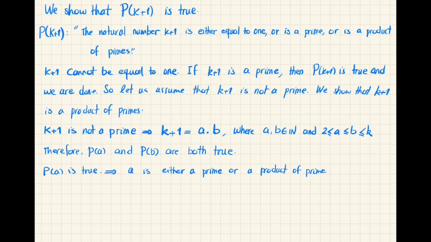And then we know that P of B is true as well. So this implies that B is either, again, B cannot be equal to 1, so there are two possibilities. B is either a prime or a product of primes.